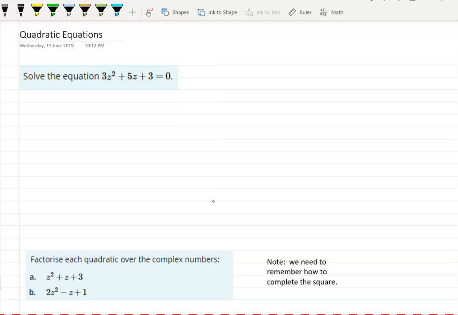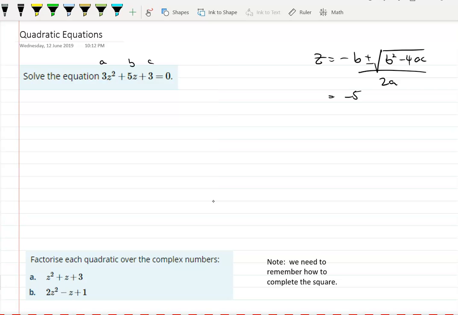So we know that the quadratic formula, because our variable is z, is going to be minus b plus or minus the square root of b squared minus 4ac all divided by 2a. So we know that's a, that's b, that's c.